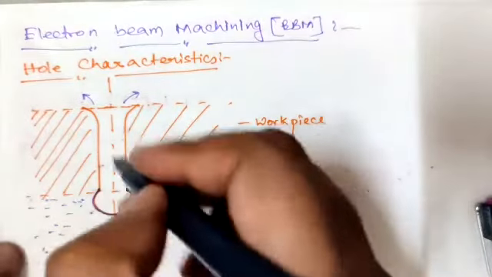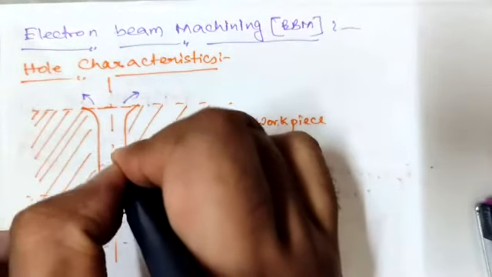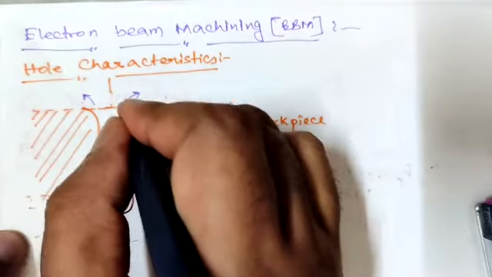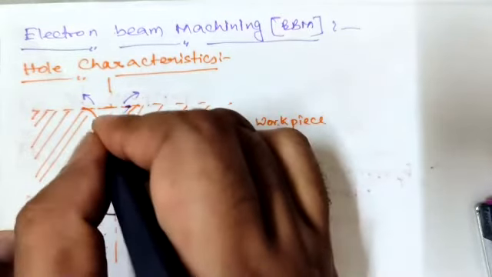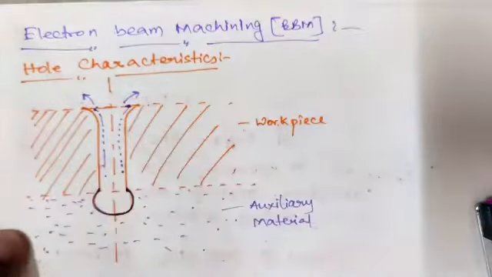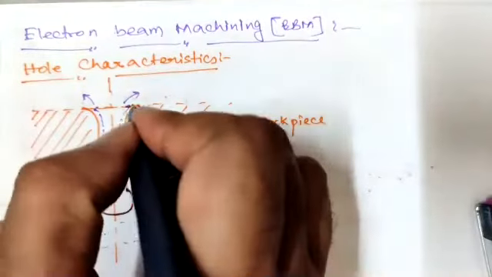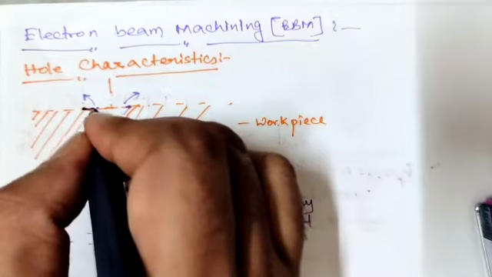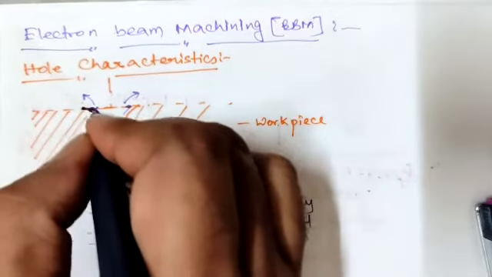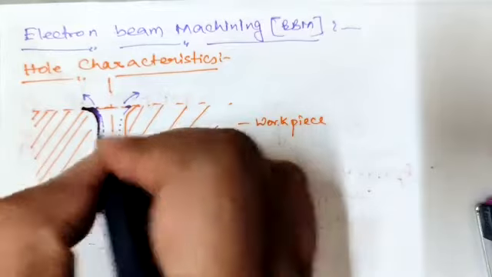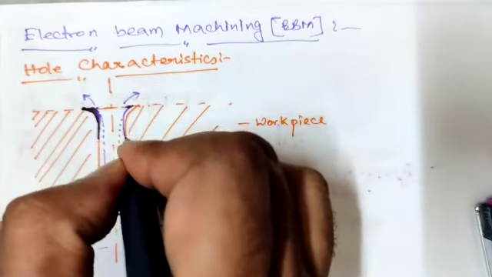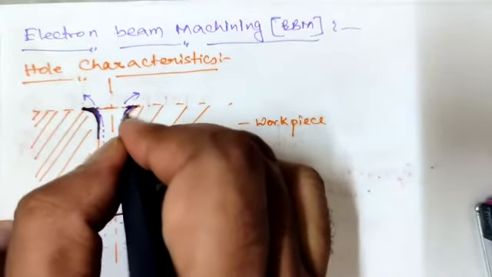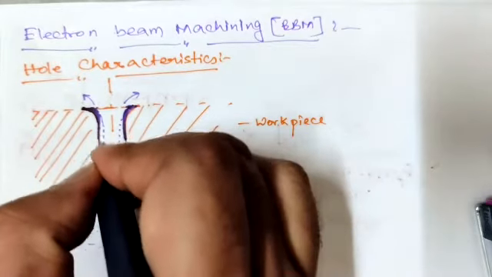Once it is coming out, from this path the molten metal will try to come out, and in this zone some amount of molten metal will get cast.